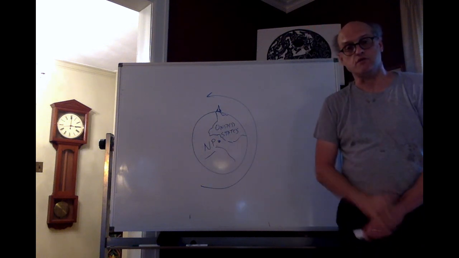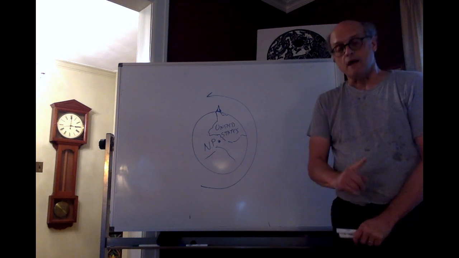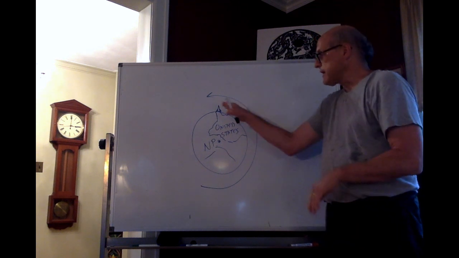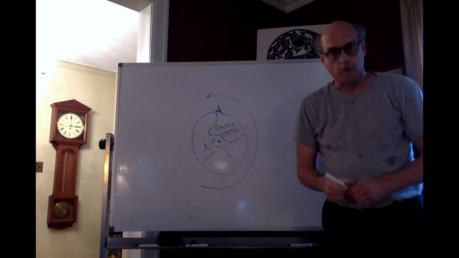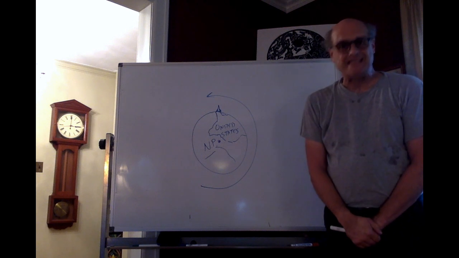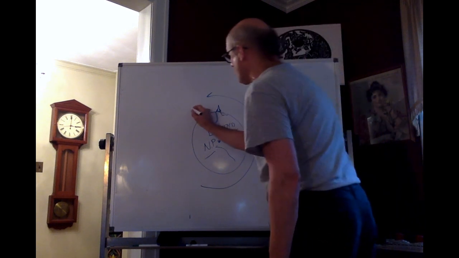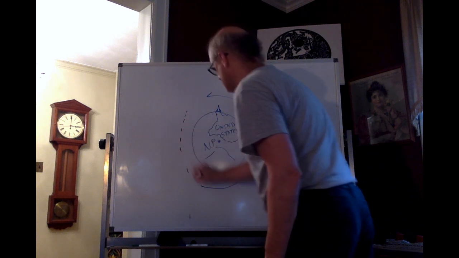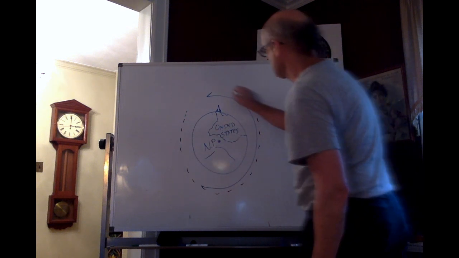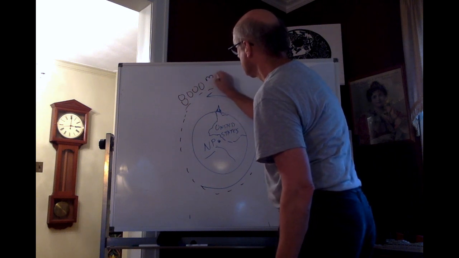Okay, so make sure you see that first. Now, in order for this spaceship to get into orbit around the Earth, it has to get up to a speed of 8,000 meters per second. That's in order to orbit the Earth. Has to be traveling at 8,000 meters per second.